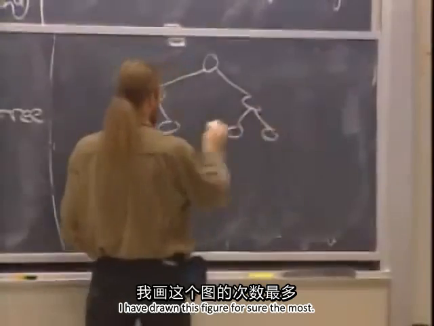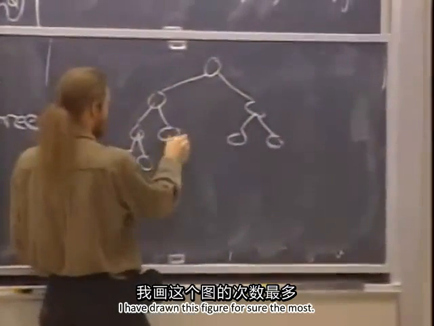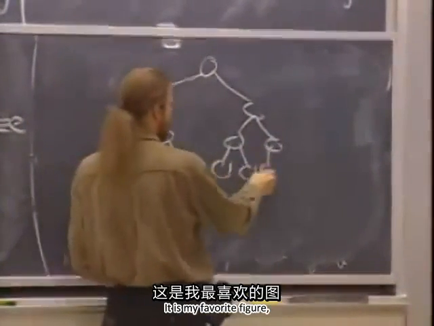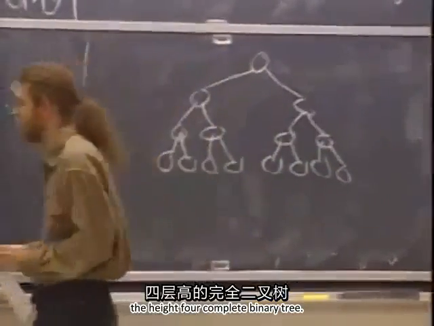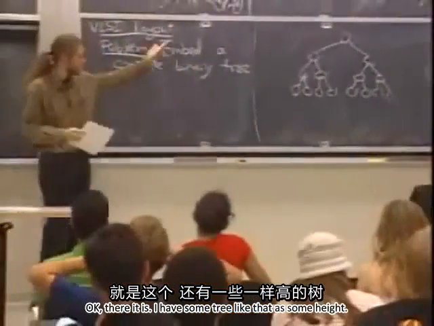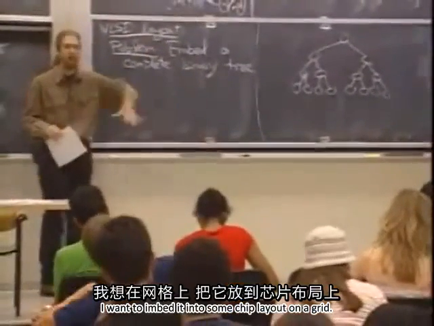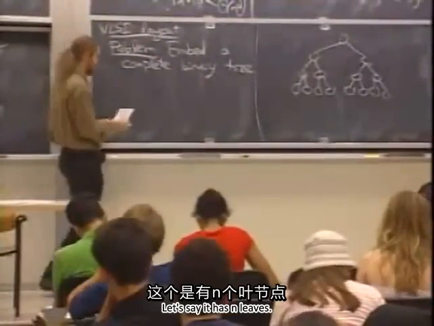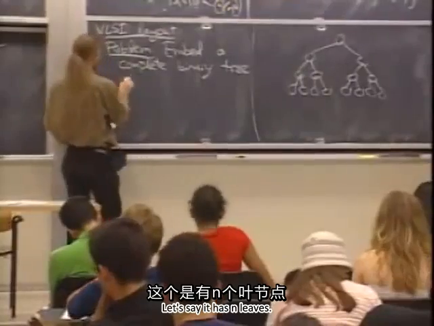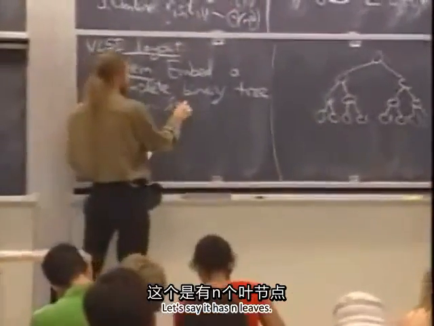In all of my teaching, I have drawn this figure the most. It's my favorite figure, the complete binary tree. I have some tree like that of some height. Let's say it has n leaves.